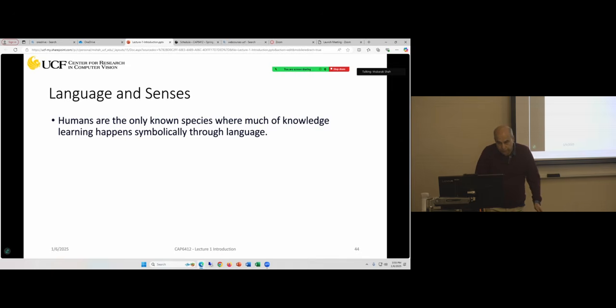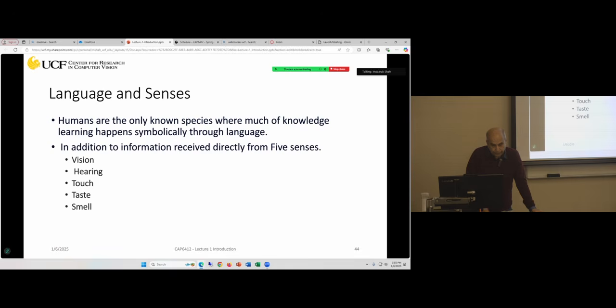So humans are the only species which learn language, right? They can gather knowledge symbolically through language. And we have five senses. So we have vision, hearing, touch, taste, and smell.